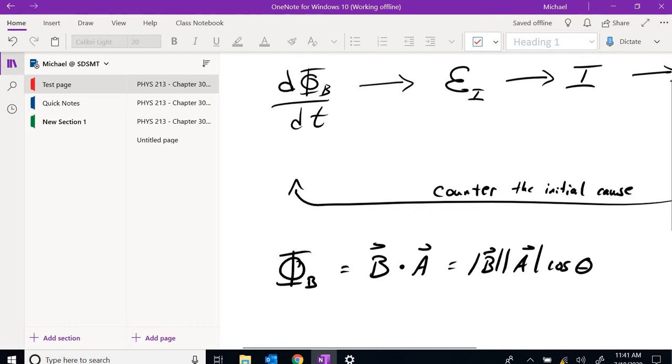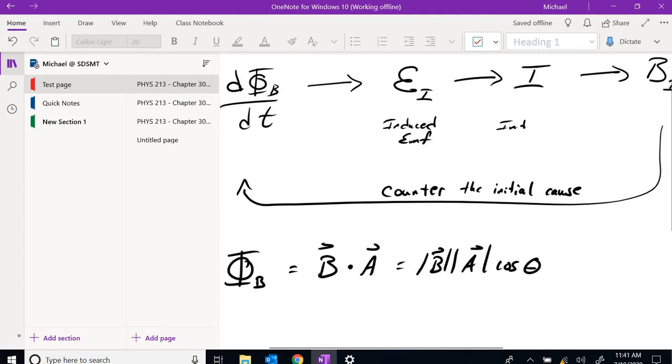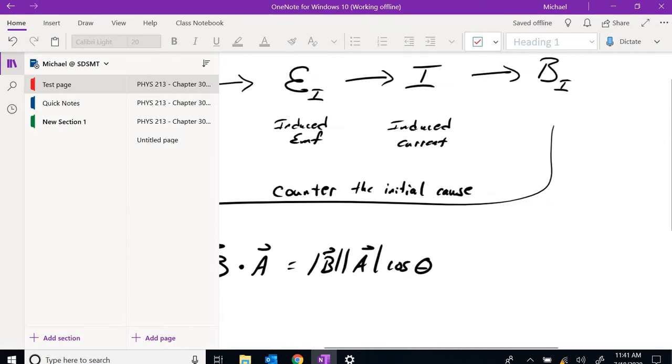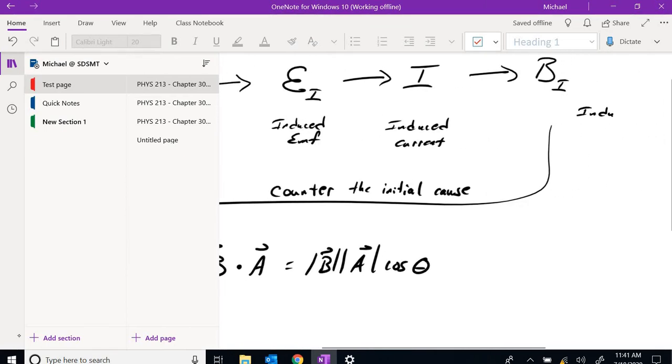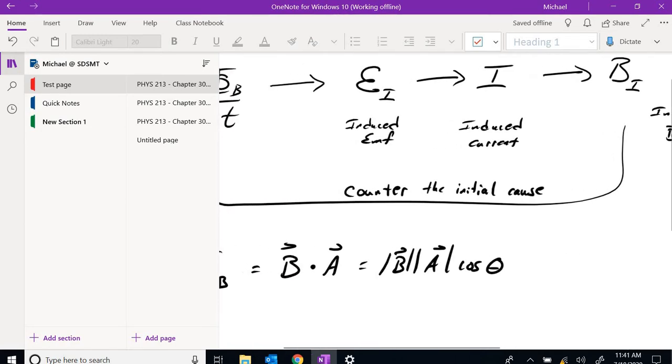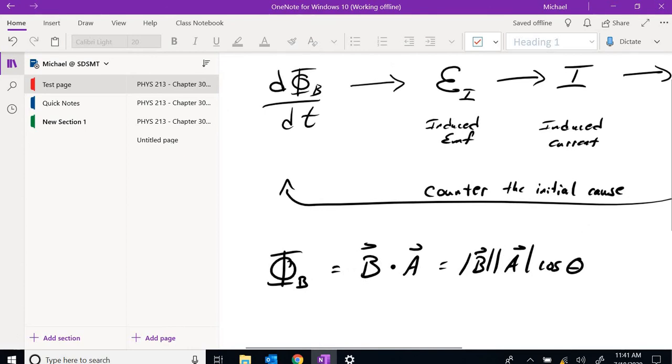And so if any of those three values changes, we get a resulting electromagnetic force, so induced EMF, that relates to an induced current within the material, which in turn can produce an induced magnetic field, which is then going to try to counter whatever it is that initially caused the magnetic flux in the system to change.